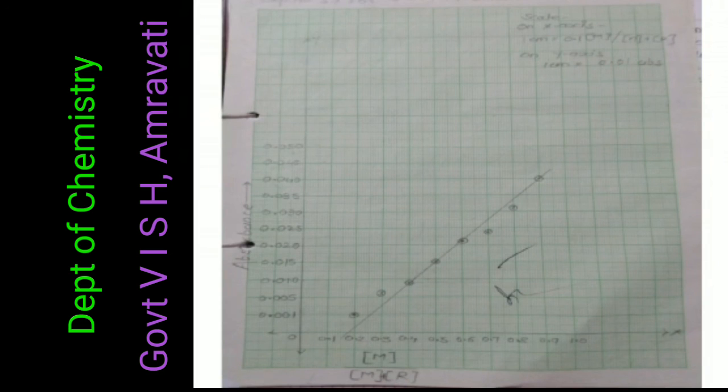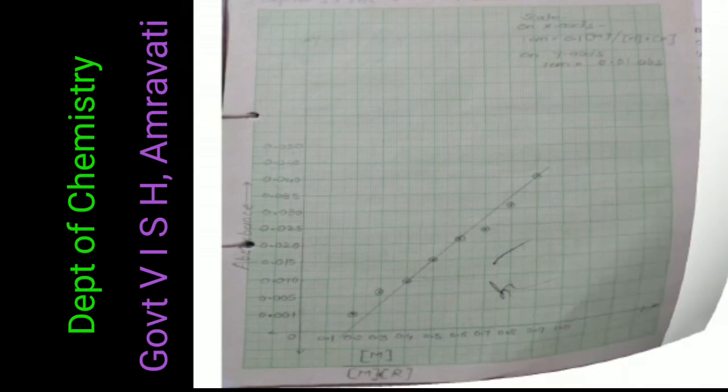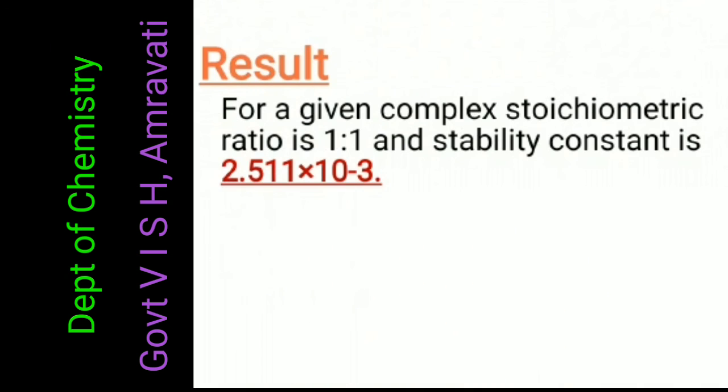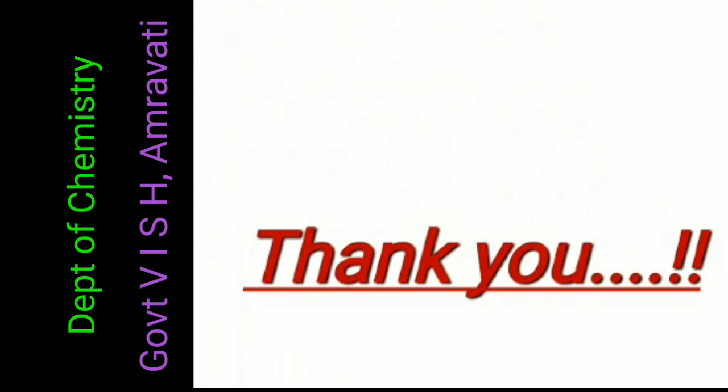Overall it is the same graph, but in the second part which we have done, this is the graph. The result is that for the given complex the stoichiometric ratio is 1:1 and the stability constant is 2.511 into 10 raised to power minus 3. This is the overall result. I hope you have understood this practical. Thank you.